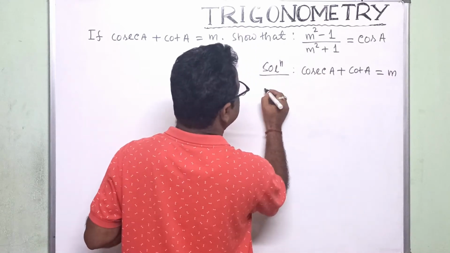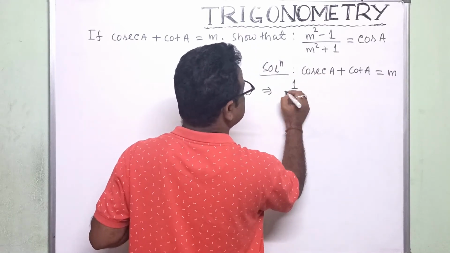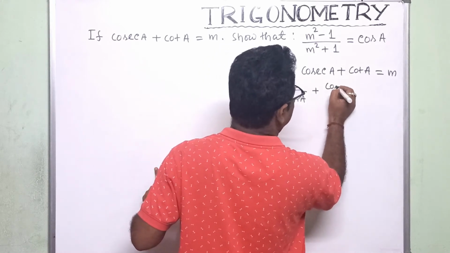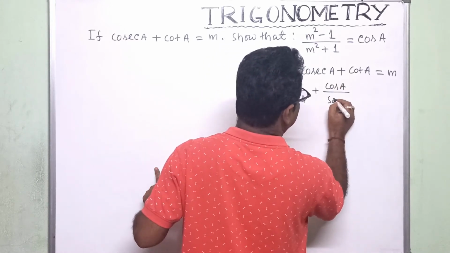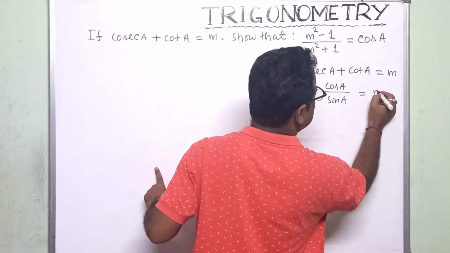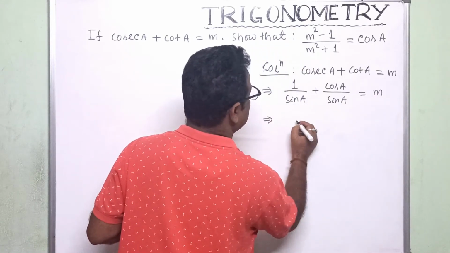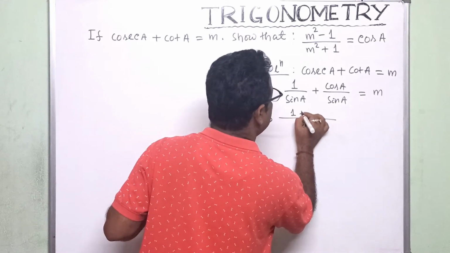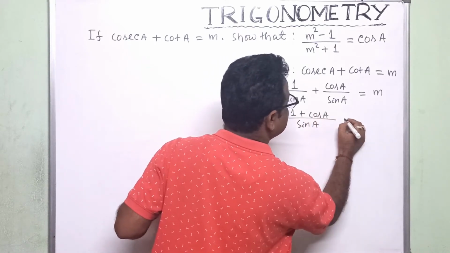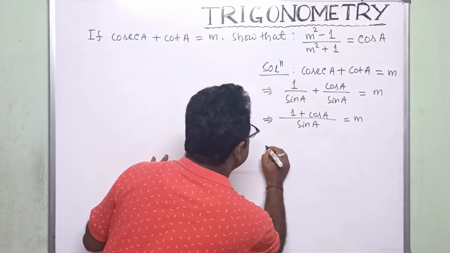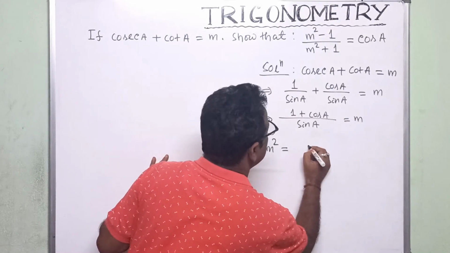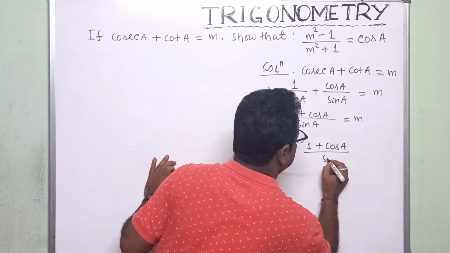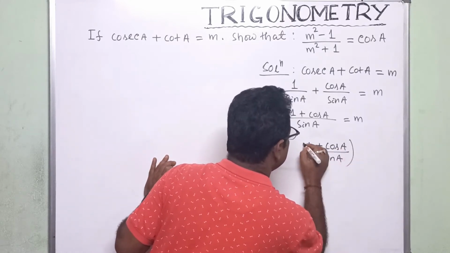Okay. Now that implies here cosec a is 1 by sin a plus cos a by sin a is equal to m. That implies your sin a, LCM, 1 plus cos a is equal to m. M square is equal to 1 plus cos a by sin a whole square.